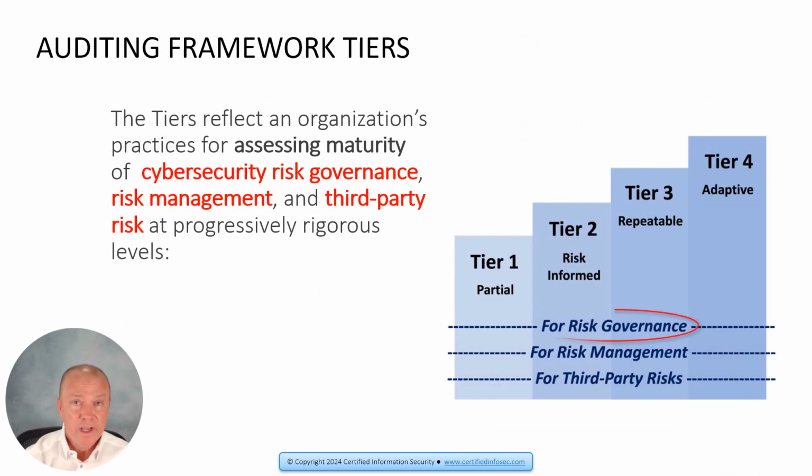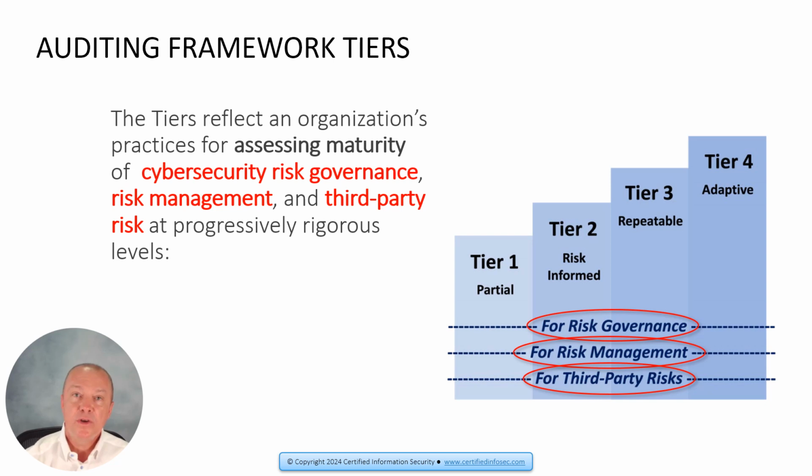Now, the majority of the audit work so far has really been auditing the actual tasks and capabilities of the organization as represented in the core functions. Well, now we need to look at, again, how those tasks, how those activities are actually being effectively utilized to manage risk within the organization.